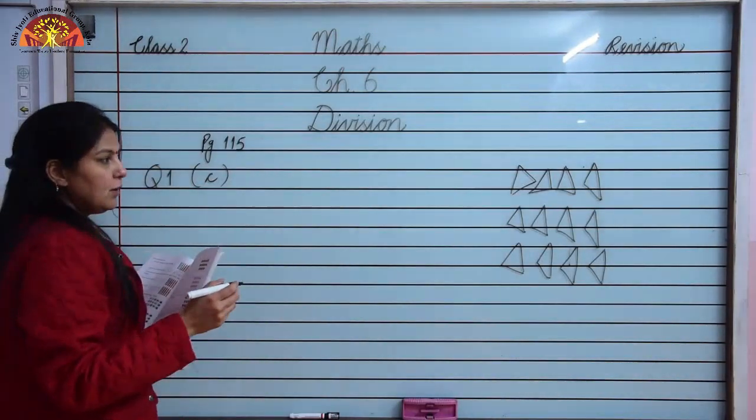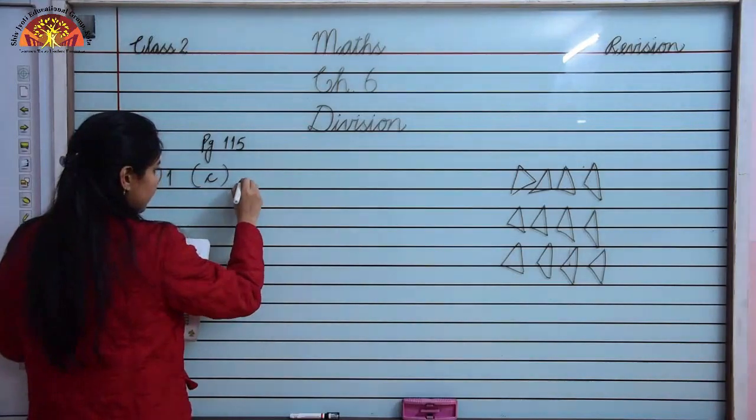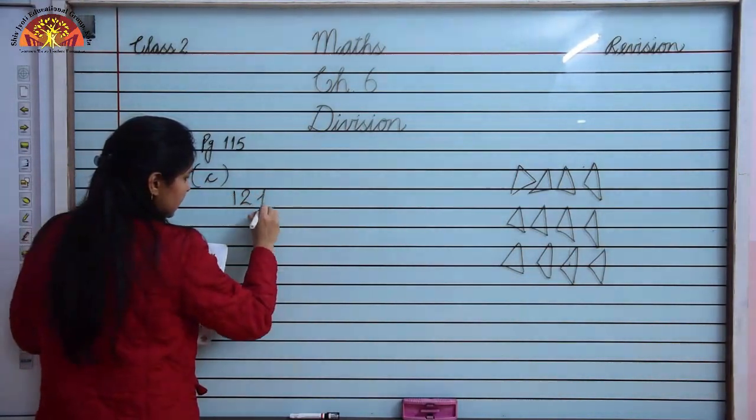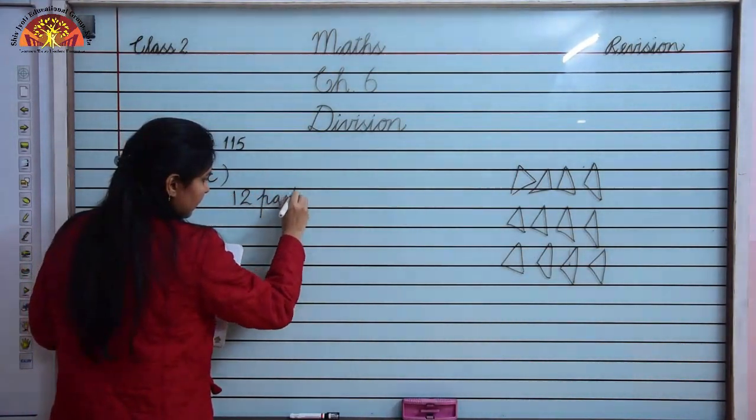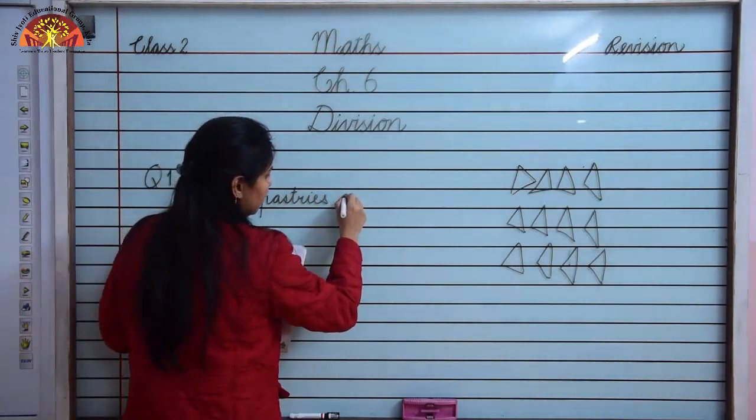So what will we do? First of all, we will write the question: 12 pastries among 3 children.